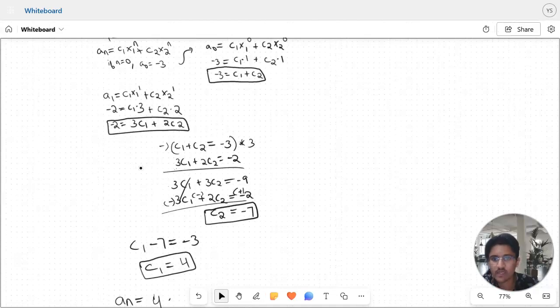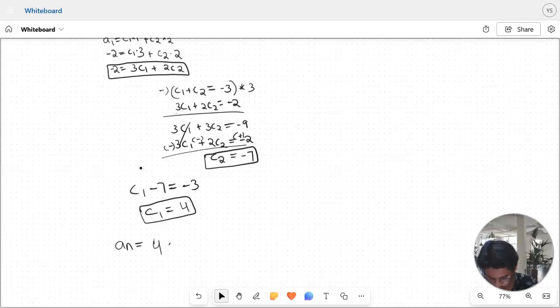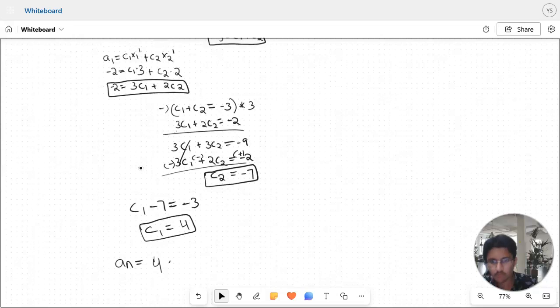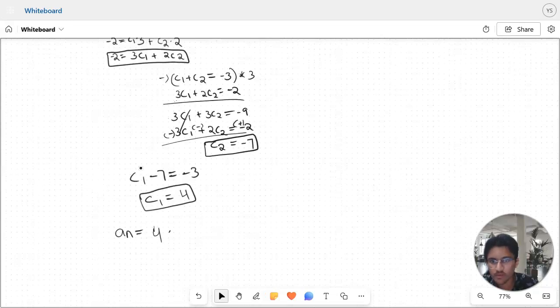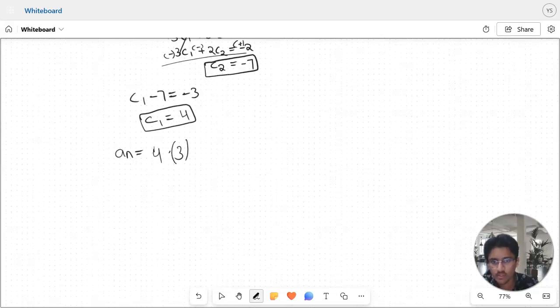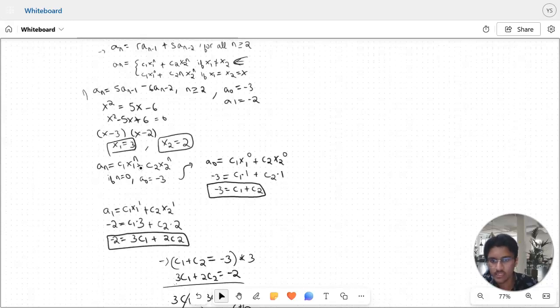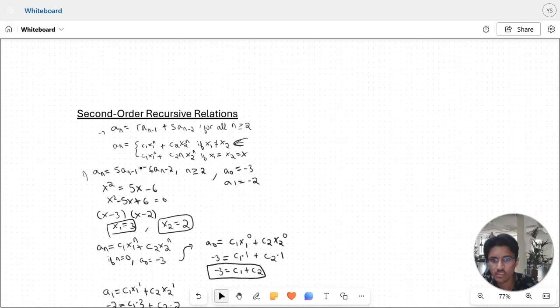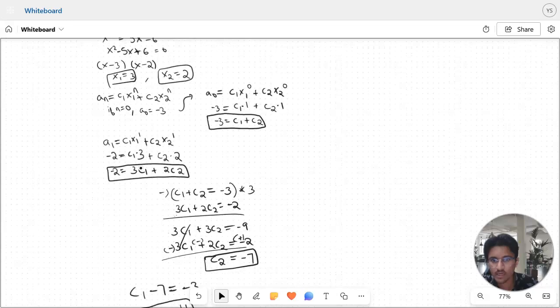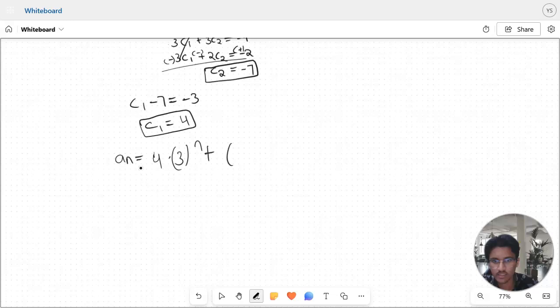our x1 value. What is our x1 value? Our x1 value is 3, because we figured that out over here. So 3 to the n power, plus our C2 value. What is our C2 value? Our C2 value is -7 over here, as you can see.